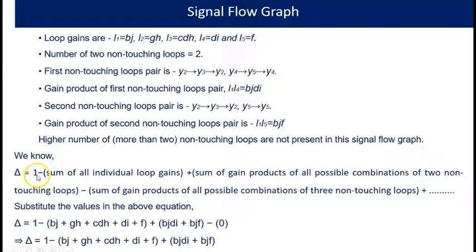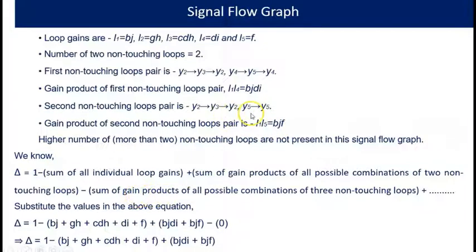Delta is equal to 1 minus the sum of all individual loop gains. So these are the individual loop gains; take the sum. Plus the sum of gain products of all possible combinations of two non-touching loops. The first non-touching loop pair gain product is BjDi, the second is BjF.